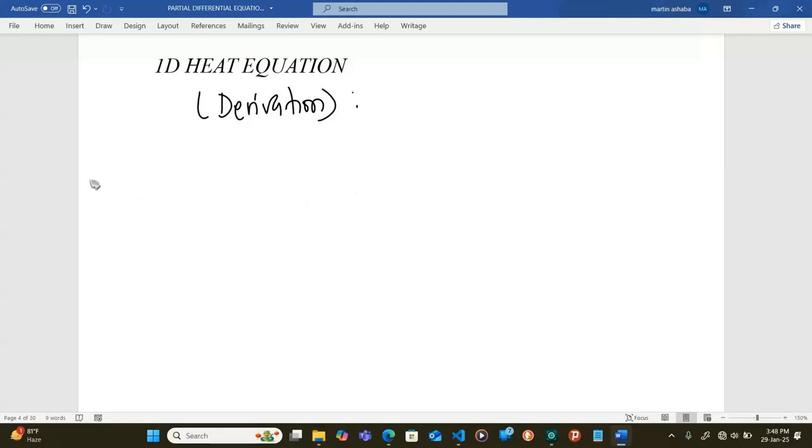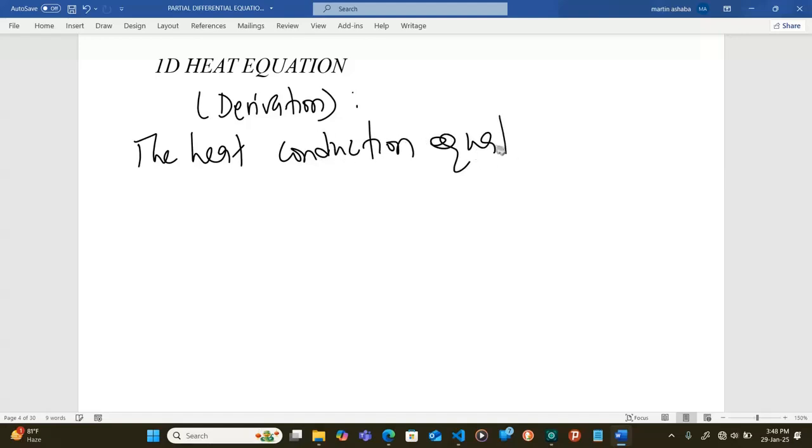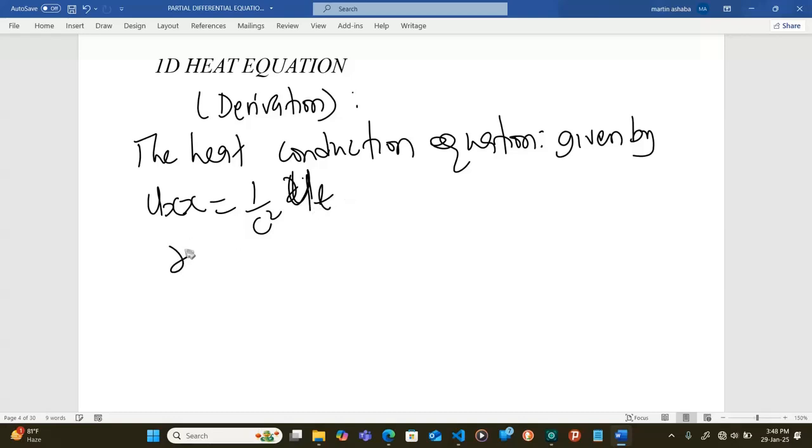Now, first of all, we are going to say that the heat conduction equation is given by u_xx is equal to 1 over c squared times u_t, or we can say del squared u over del x squared is equal to 1 over c squared times del u over del t.